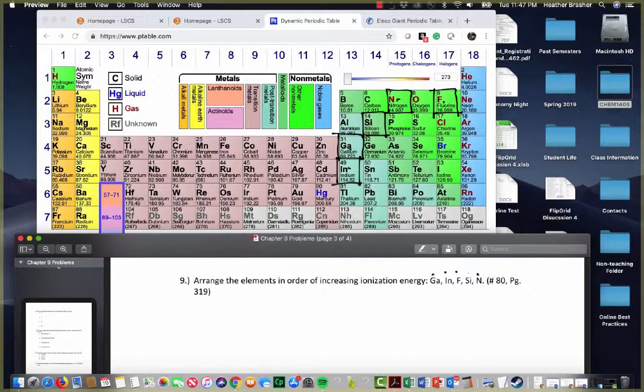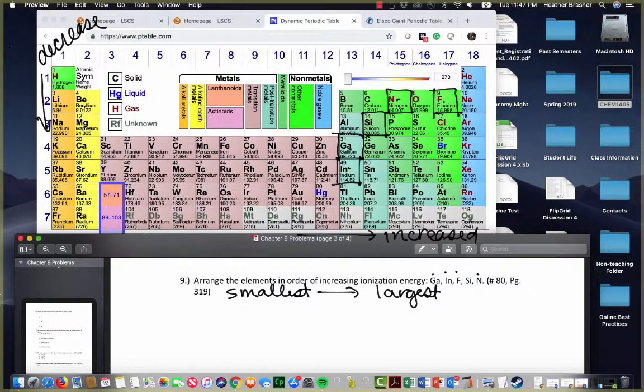So if you remember, this gets decreased and this is increased. So we're going to go from smallest, because it says arrange the elements in order of increasing ionization energy, smallest to largest.